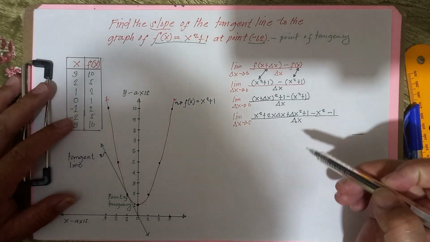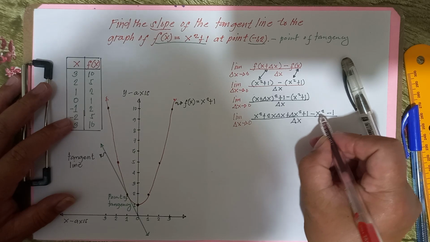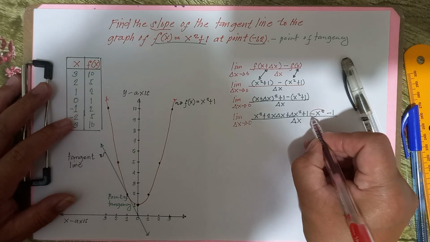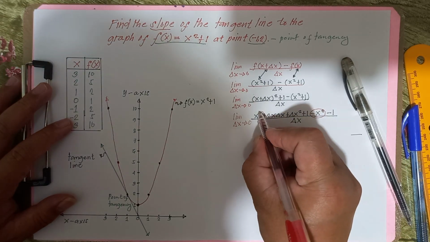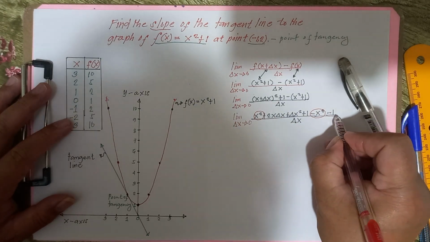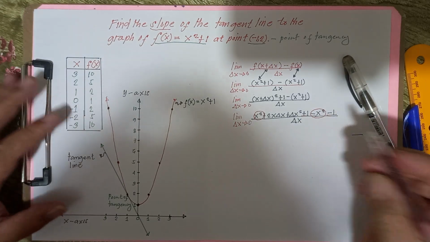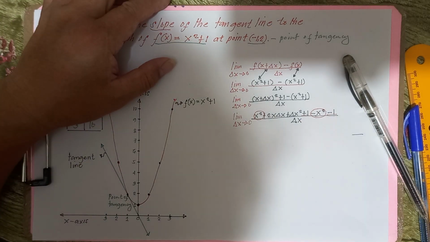Now notice that if we are going to simplify, this one is opposite with this. So that must be 0. How about in here? This one is negative 1, this is positive 1. It is 0, resulting again to 0.